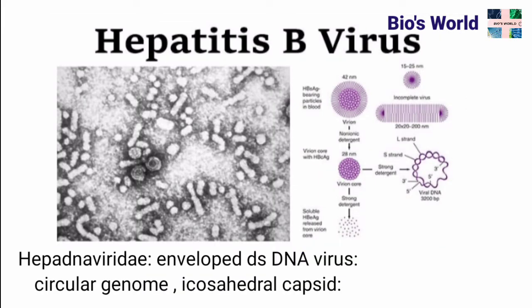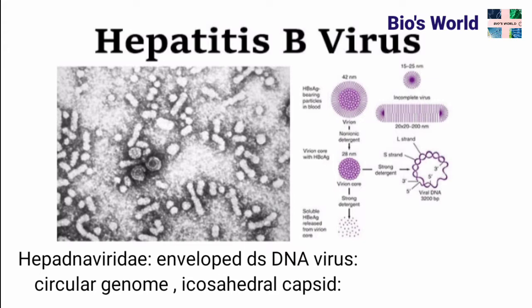Next is hepatitis B virus. It is a DNA virus which belongs to the Hepadnaviridae family and causes hepatitis B in humans. It is a viral infection that attacks the liver and can cause both acute and chronic disease.